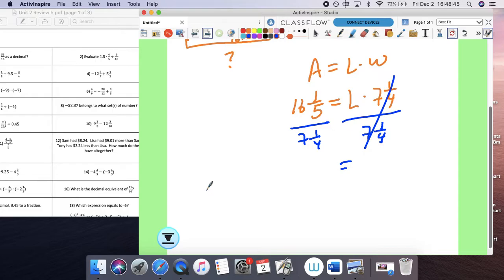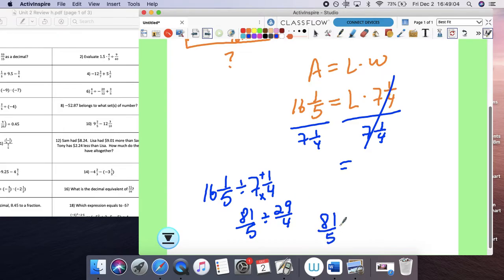So let me write that. 16 1/5 divided by 7 1/4. 81 over 5 divided by 29 over 4, right? Because 4 times 7 is 28 plus 1 is 29. Change it to a multiplication, 81 over 5 times 4 over 29. And that's uglier and uglier.